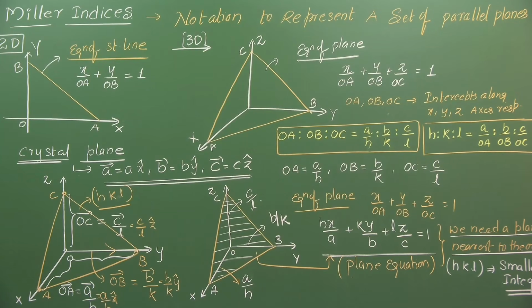The simple concept: x by intercept plus y by intercept plus z by intercept is equal to 1. I mean, x by a plus y by b plus z by c equal to 1, where a, b, c are intercepts.